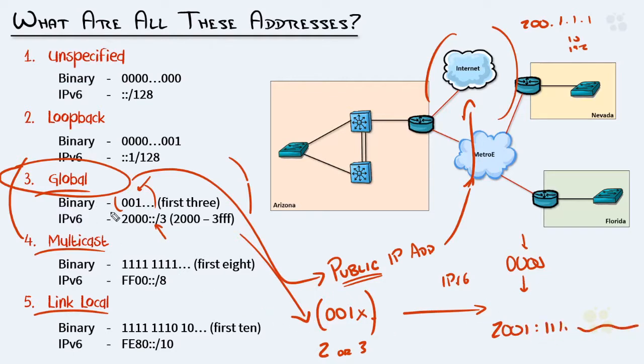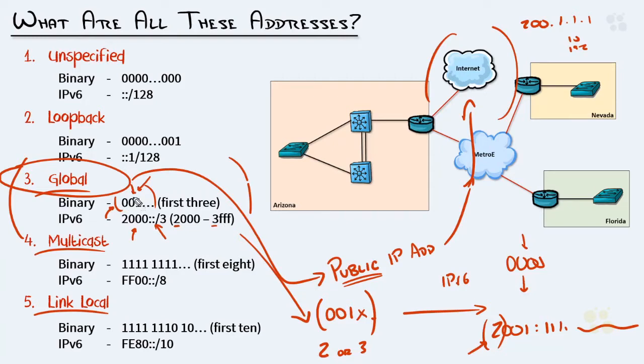And when I'm saying the first 3 bits have to be 001, I'm just talking about this first character because it takes 4 bits to make that first character, right? So if we're looking at it in hexadecimal, that means it will be some number from 2000 through 3FFF.